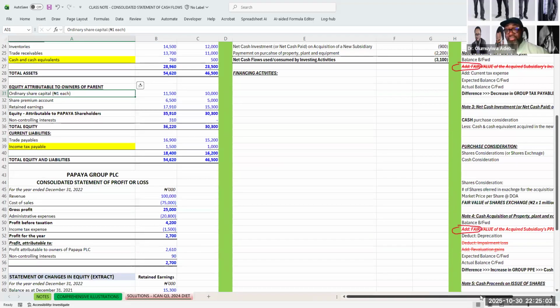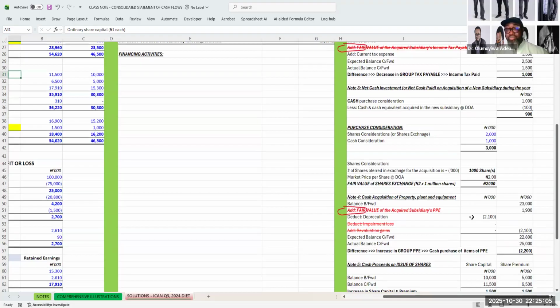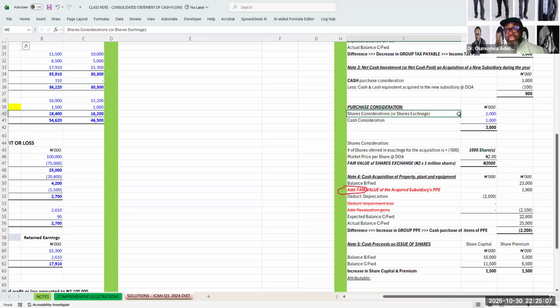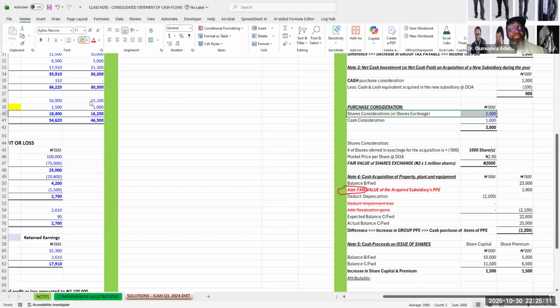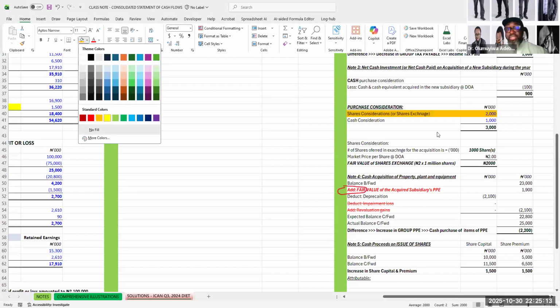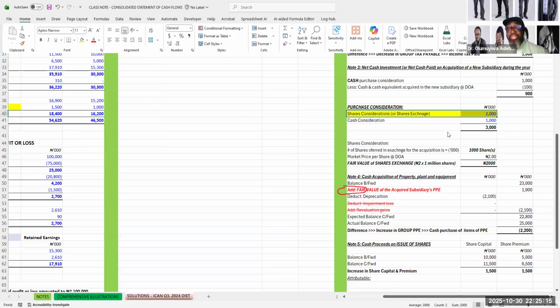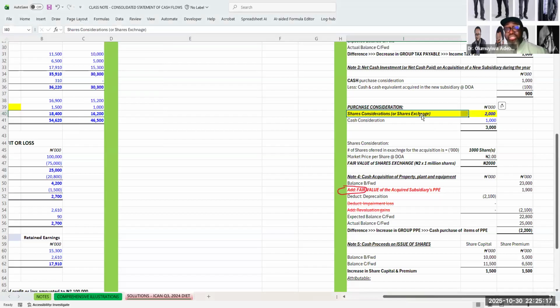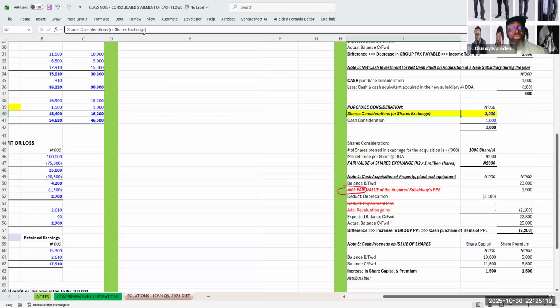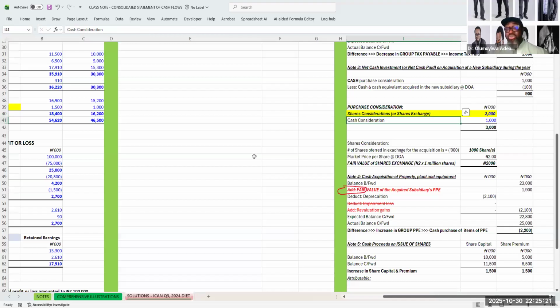And if you come back here, remember that we determined here, I'll highlight it in yellow, that there was a share exchange where the parent had to give 1 million of his shares plus cash to take over the shares of the subsidiary.